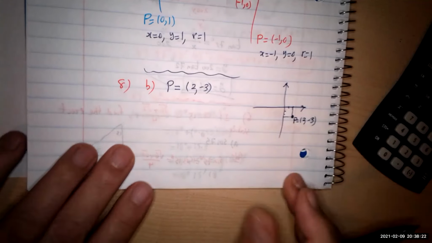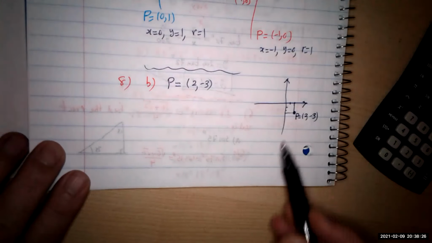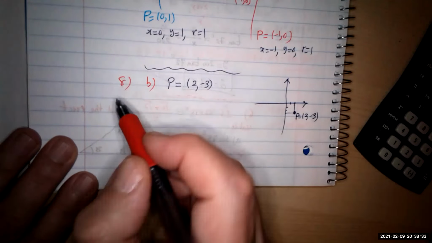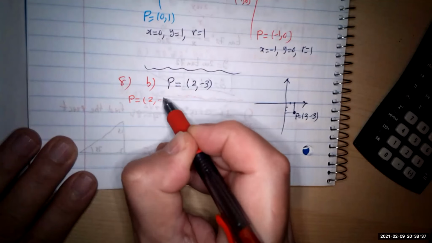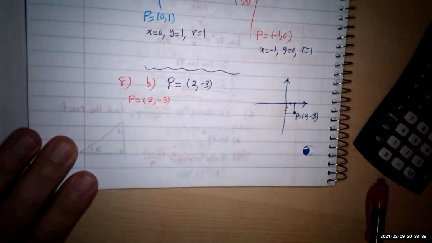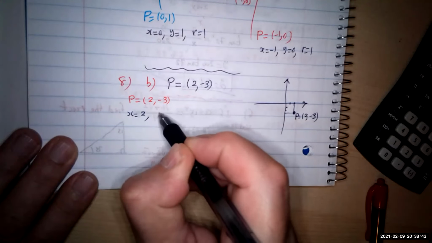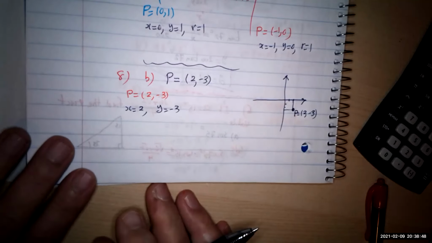Automatically you will get all the information that you need. You know that only cosine is positive, the other is going to be negative. So remember, this is the way we do it. P is (2, -3), so X is 2, Y is -3. You have to find the R.